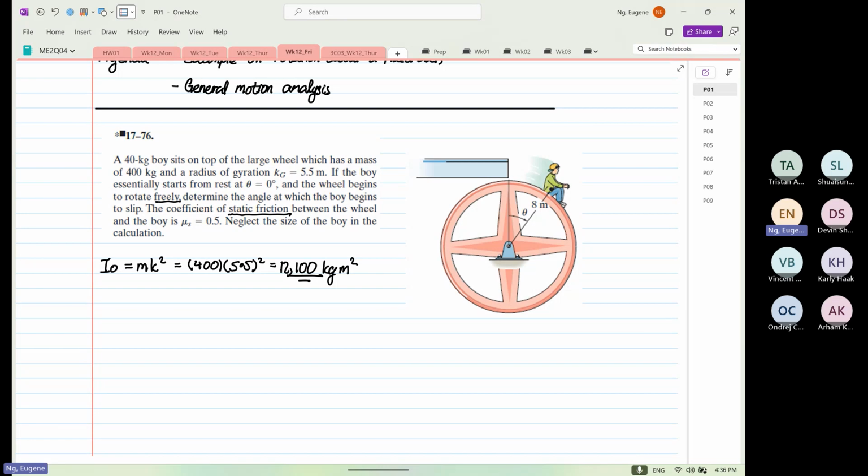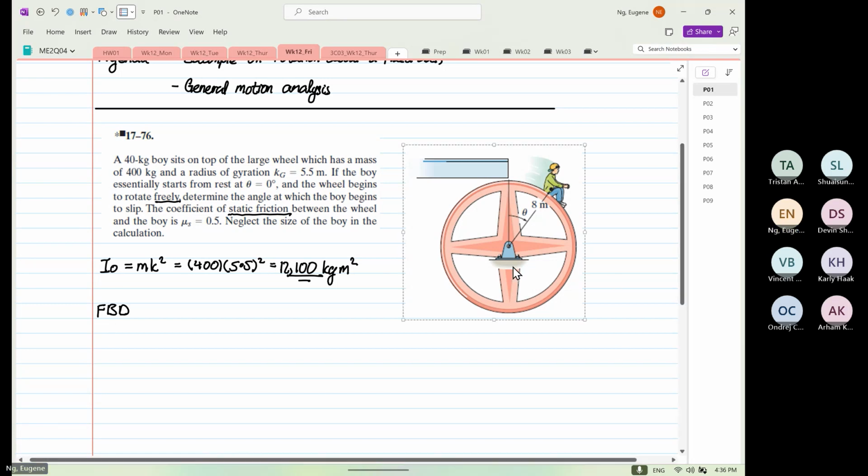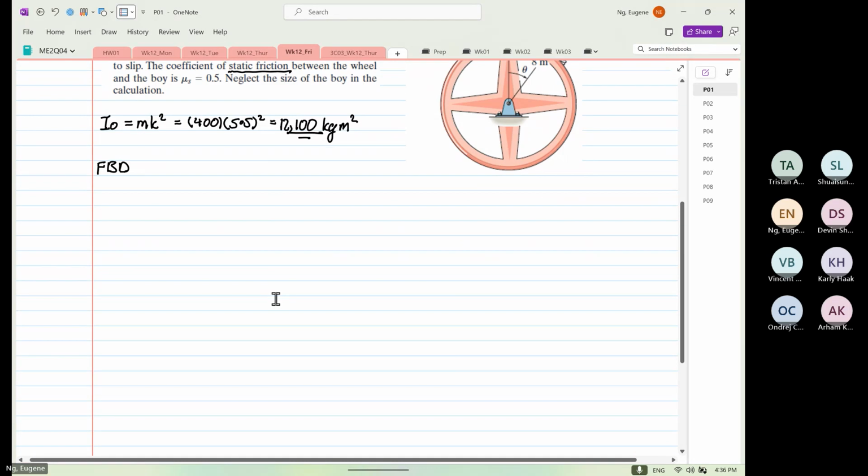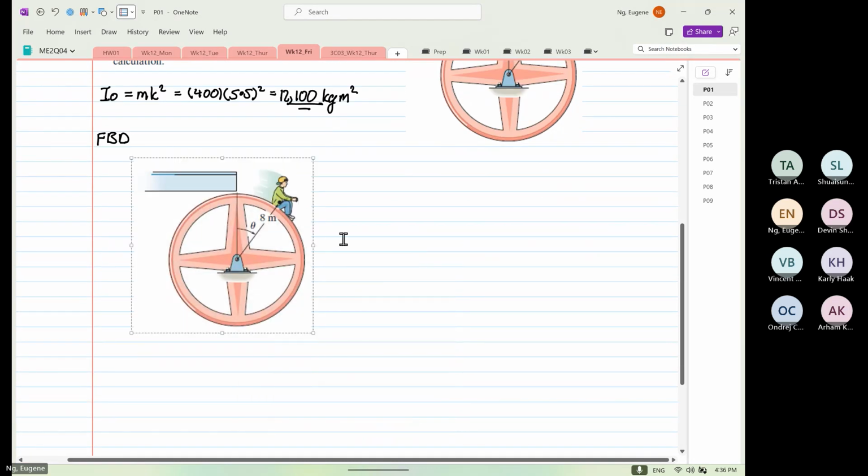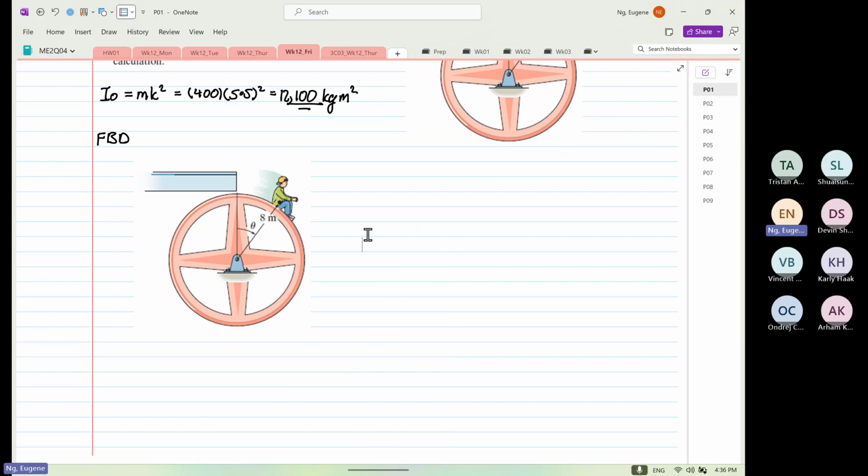We have to analyze our free body diagram. Okay, we're going to look at the free body diagram. So on our free body diagram, how the boy will fall off or accelerate is in this direction.